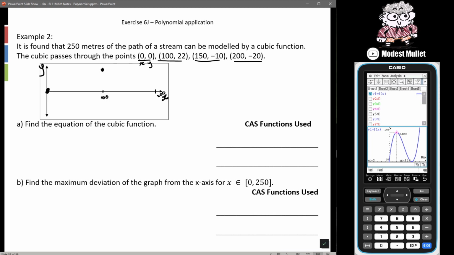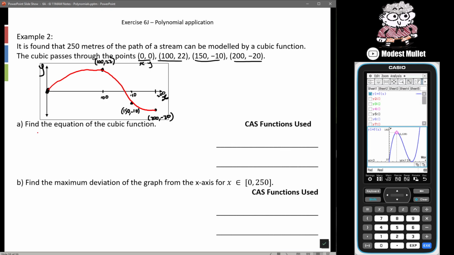So we'll say that's there, 100, 22. 150 is there, negative 10, so about there. And then it goes to 200, negative 20. Okay, so the river is roughly looking something like that.